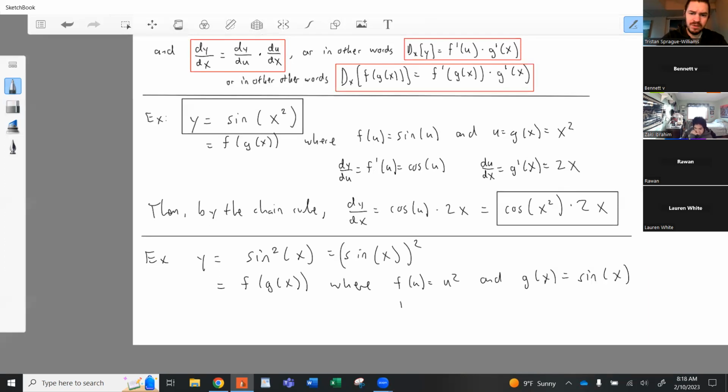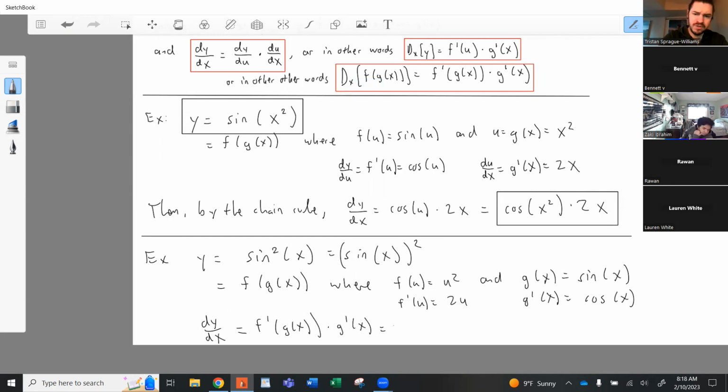Okay, I can get my derivatives here. F prime of u is this time 2u. G prime of x is cosine of x. And what I get is the derivative of y with respect to x is f prime of g of x, so I do f prime of g times g prime.